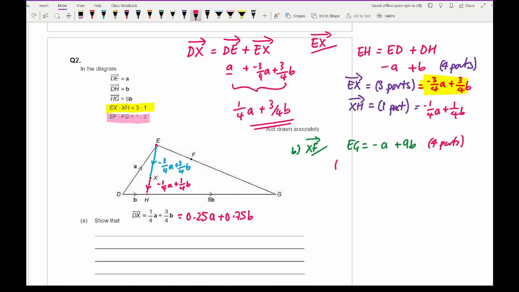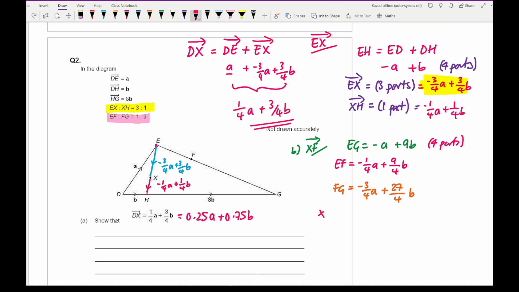Now E to F is going to be one of those parts, so it's going to be minus 1/4 A plus 9/4 B, and F to G is going to be 3 of those parts, so that's going to be minus 3/4 A plus 3 times 9, which is 27/4 B.